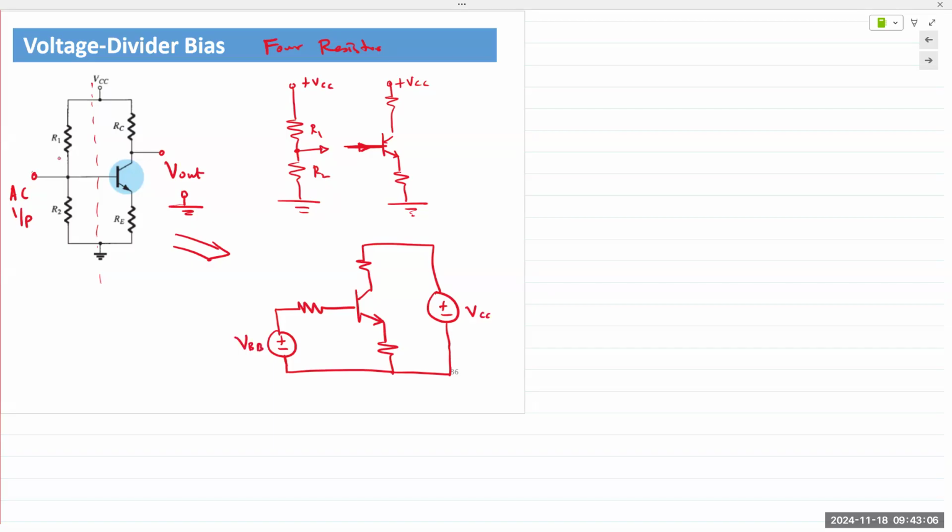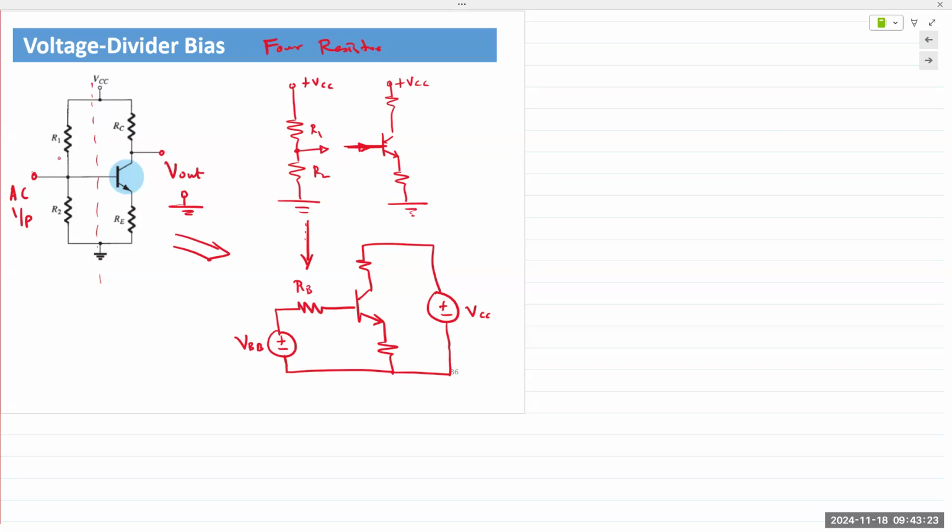Meaning a single voltage source at the base and a single resistor going into the base, RB. Right? So the question is, we need to convert this voltage divider network into RB and VBB.